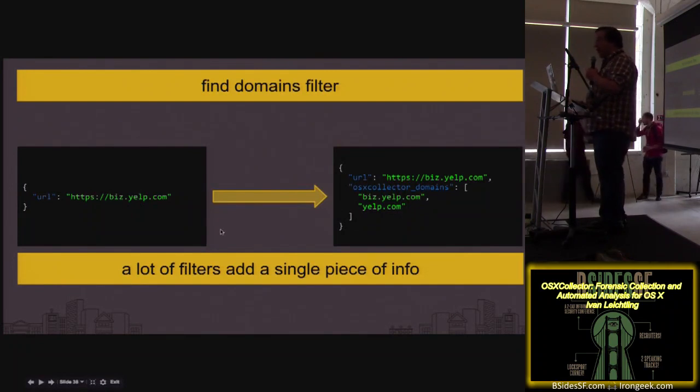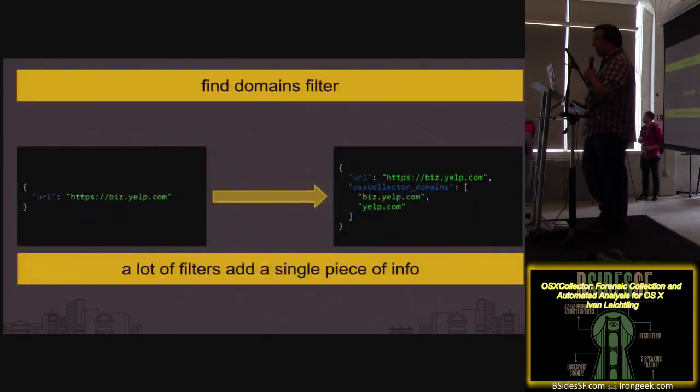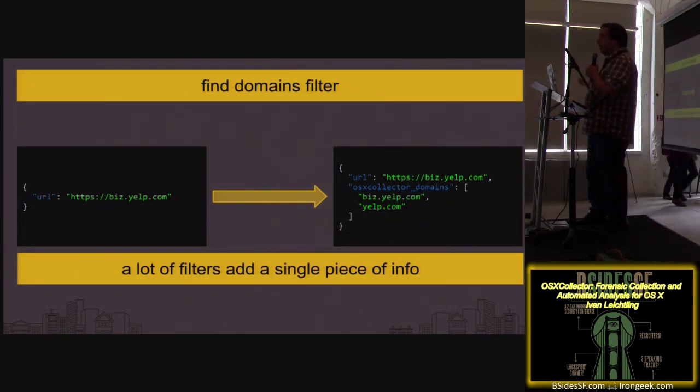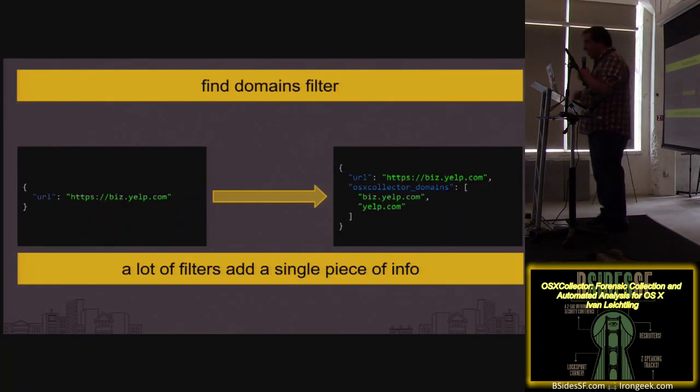It doesn't really matter where the domain is that it sees. If it's in the key of some JSON, if it's in the value, if there's some string and it's a URL and that URL has a query param that's another URL or whatever, it does a pretty good job of finding all of it.